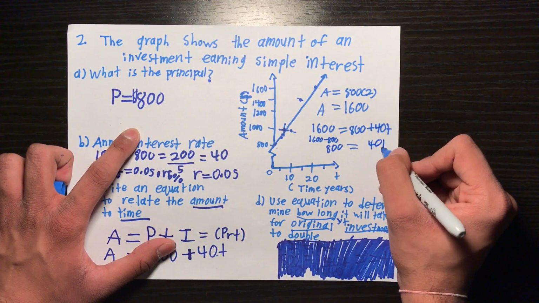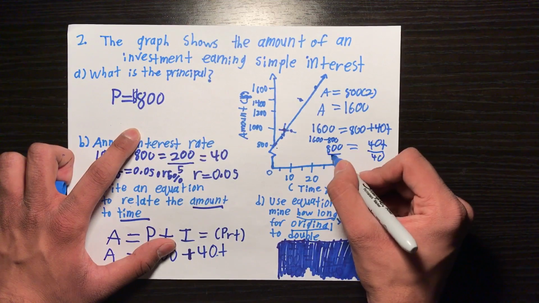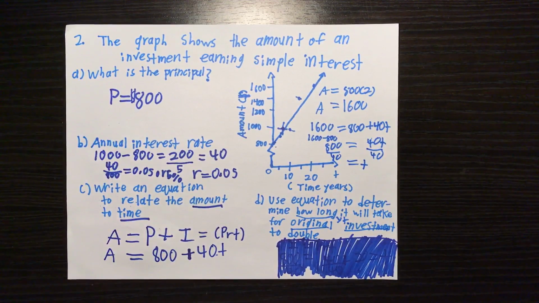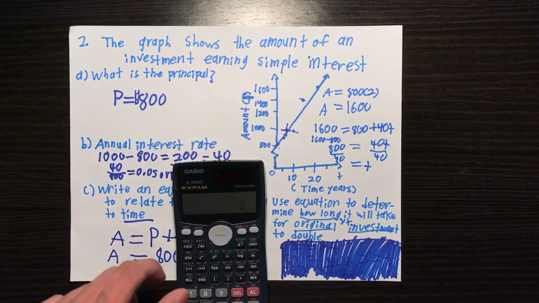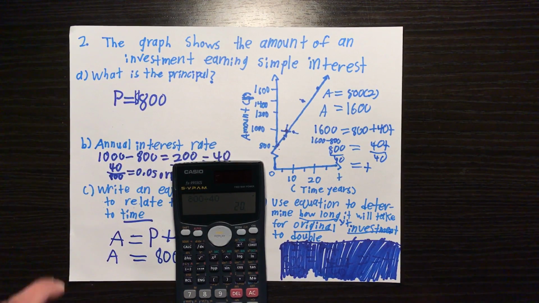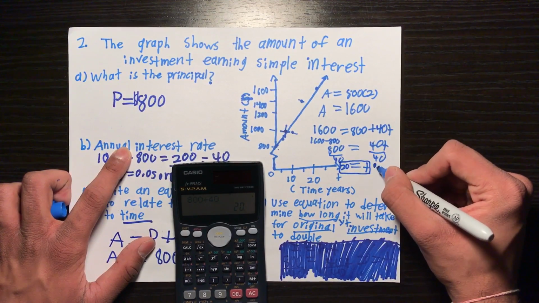Since it's 40t, you divide by 40 on both sides. And therefore, you get t, and t is 800 divided by 40, just to show you on a calculator, is 20. So therefore, it takes 20 years for your investment to double.